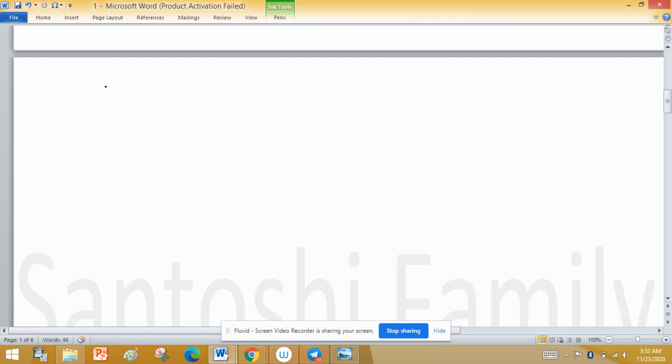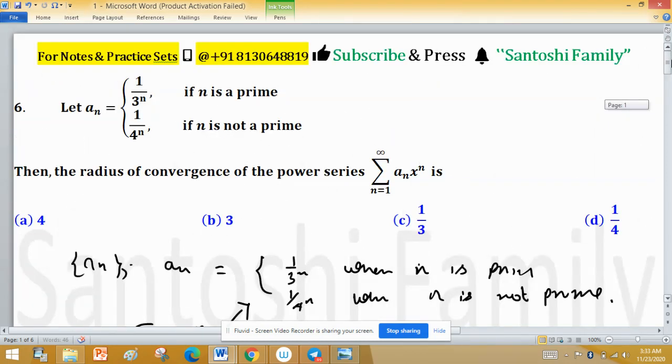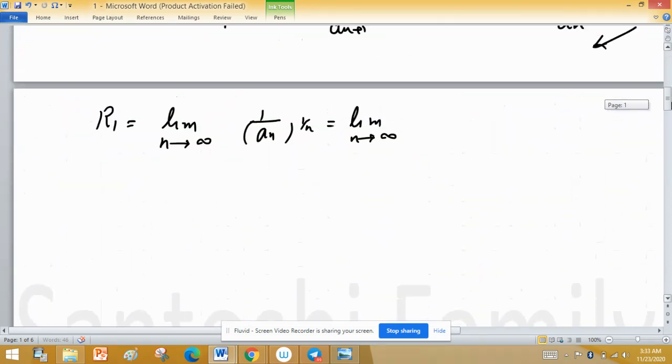So the radius of convergence R1 when n is prime equals limit n tends to infinity 1 upon a_n raised to the power 1 upon n. It will be limit n tends to infinity, and a_n is what? a_n is 1 upon 3 raised to the power n, and raised to the power 1 upon n.